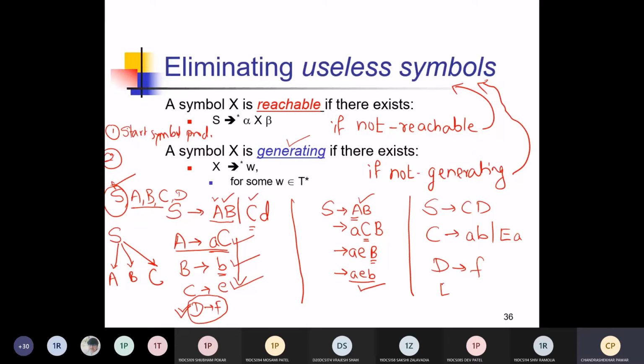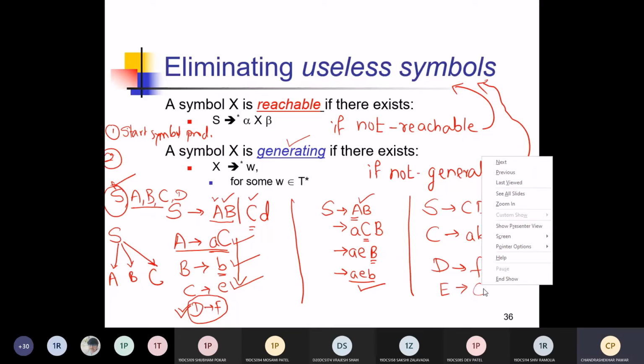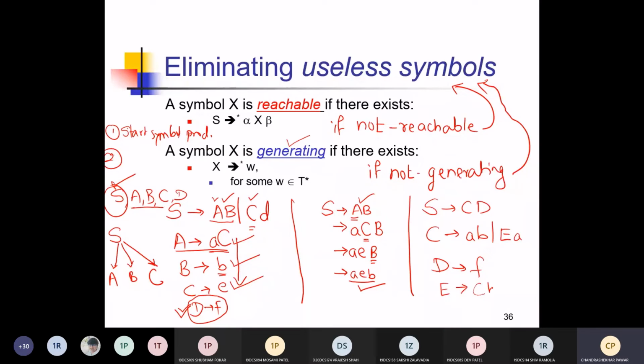And E produces CB. If you observe here, this E non-terminal is not going to have any production which consists of only terminal symbols, directly or indirectly.